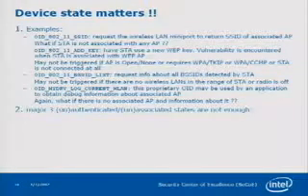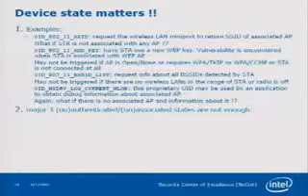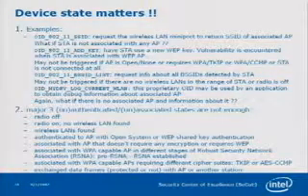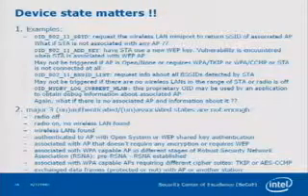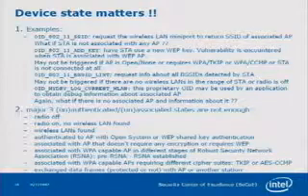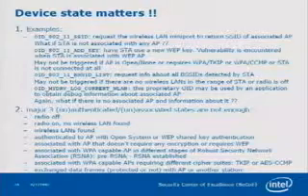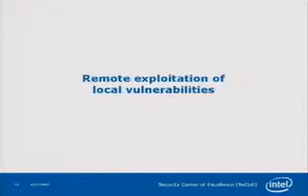So the three major states defined by the original 802.11 specification, based on the authenticated and associated states, are not enough. The tester may consider the following additional states to fuzz the wireless LAN driver, and in each of these states the vulnerability may be encountered.